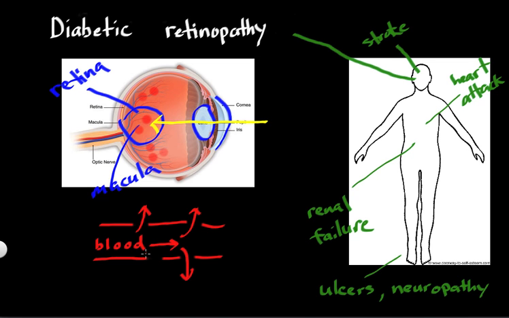Blood, the water that's inside the blood, the cholesterol that's in the blood, starts to leak out. So when you have these tiny blood vessels in the retina that have little holes in them, the blood leaks out, the cholesterol leaks out, and the fluid leaks out, resulting in swelling and bleeding in the retina, which contributes to blurry vision.